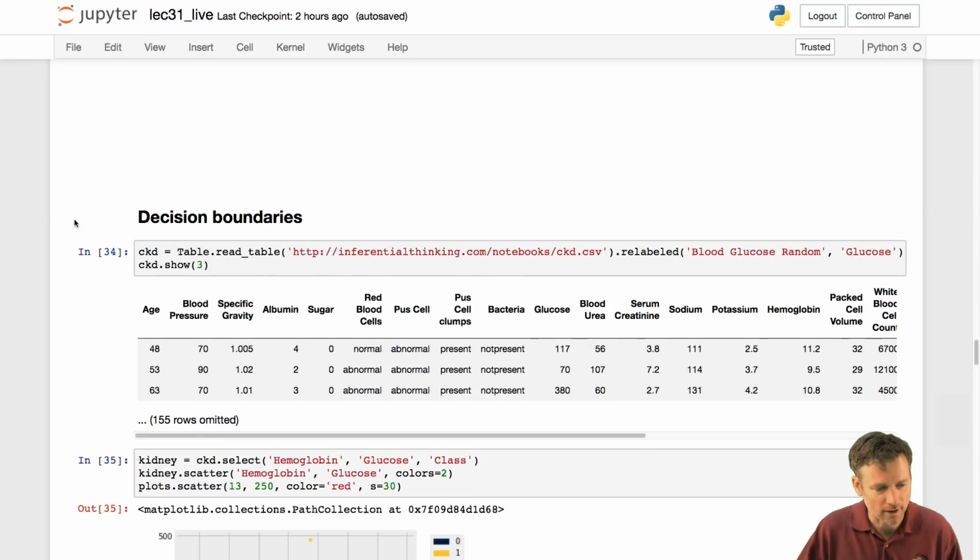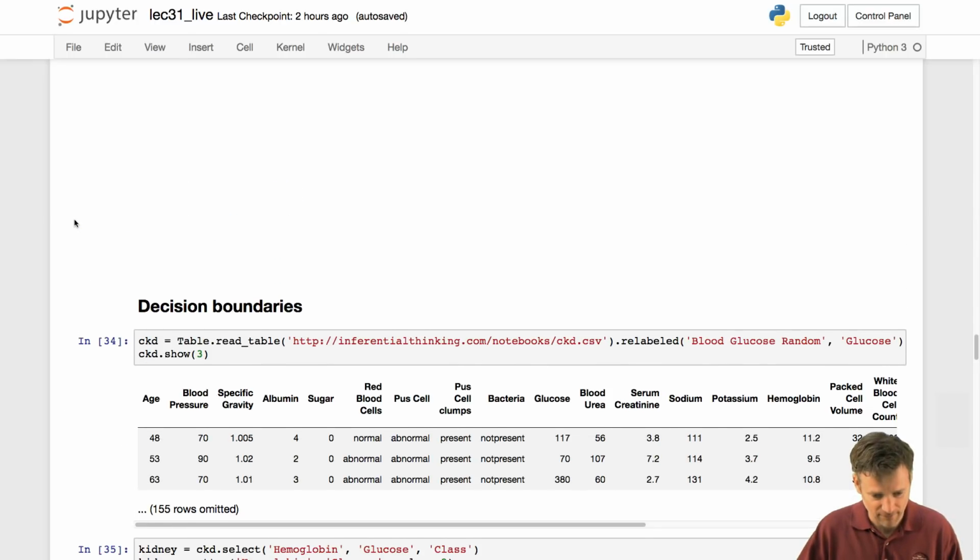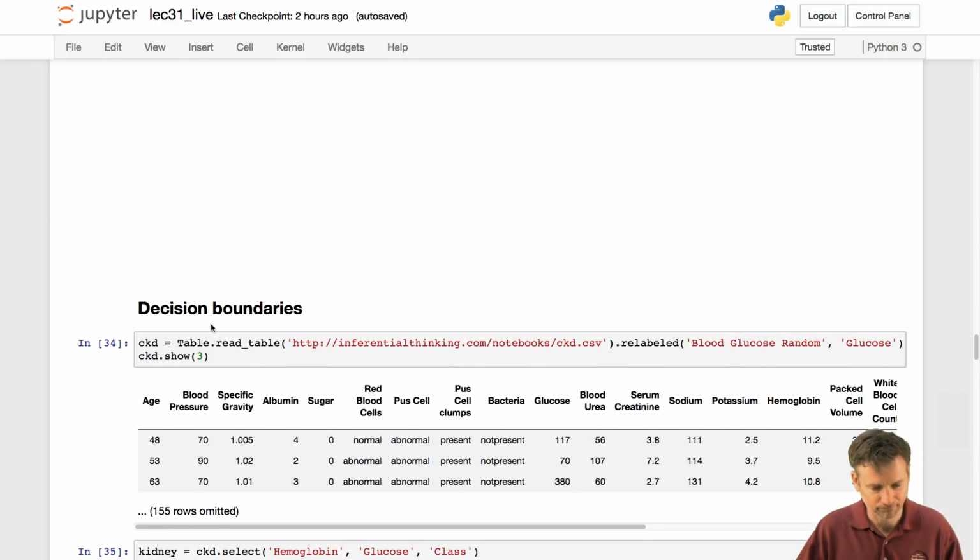And I want to work first with a simpler example. So I'm going to take a step aside from this breast cancer example, and I'm going to go back to the chronic kidney disease diagnosis example that we had looked at earlier. As a reminder, that was predicting from blood test results whether or not this person has chronic kidney disease.